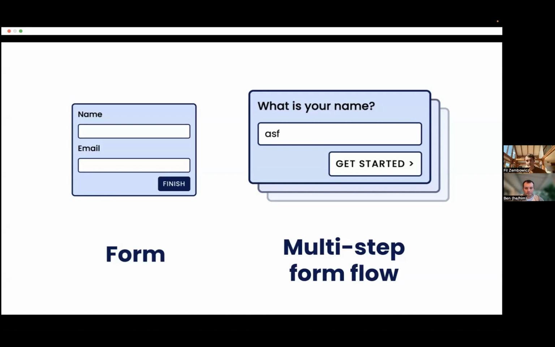We often call these flows here at FormSort. It's a flow that's comprised of multiple forms. We're all familiar with forms, a basic login form, password form, things like that. Usually it's only one or two pieces of information. It's pretty clear what you're doing and why. But as more and more of our lives move online, there are multi-step form flows all over the place.